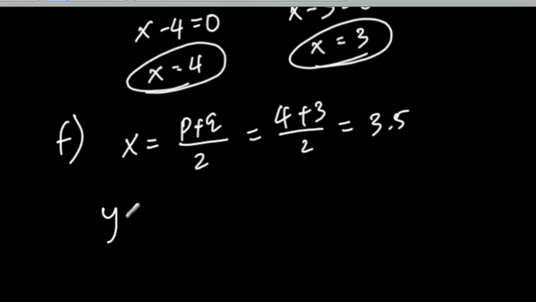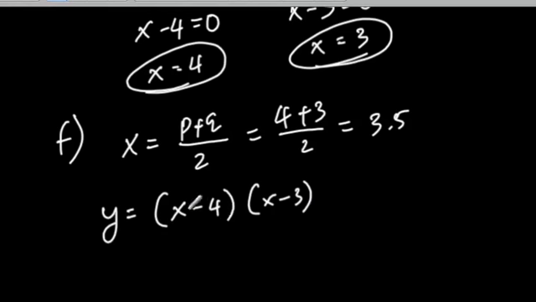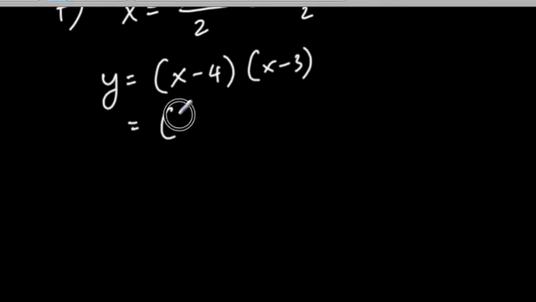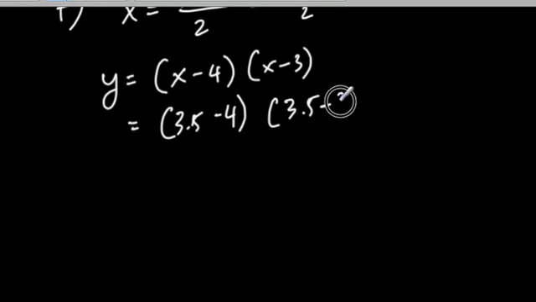In order to find the y-coordinate of the vertex, all we have to do is take it and plug it into the equation. So our equation was x minus 4, x minus 3. Instead of the x, we're going to plug in the x-coordinate of the vertex, which is 3.5. So it's going to equal 3.5 minus 4 and 3.5 minus 3.